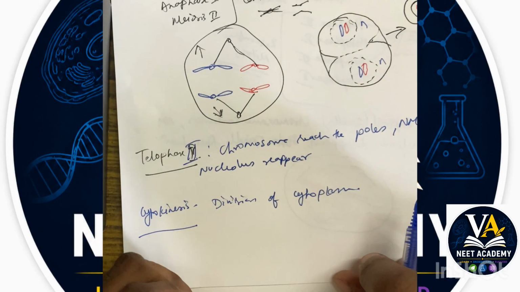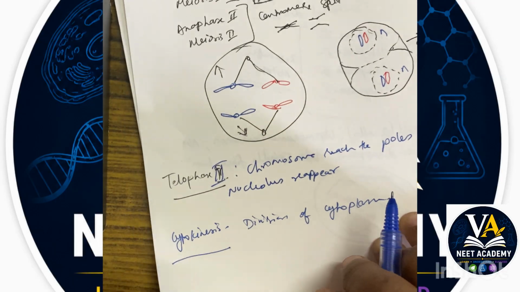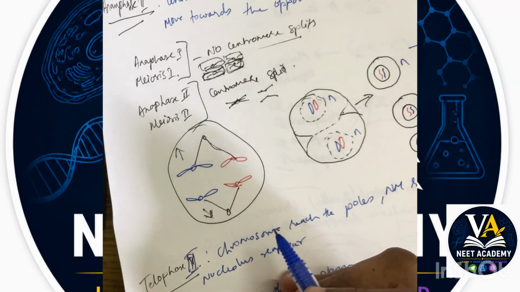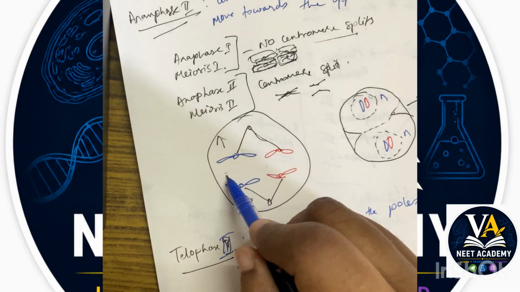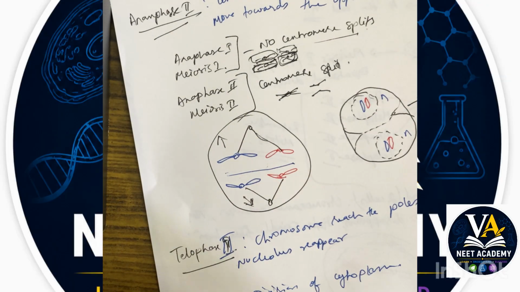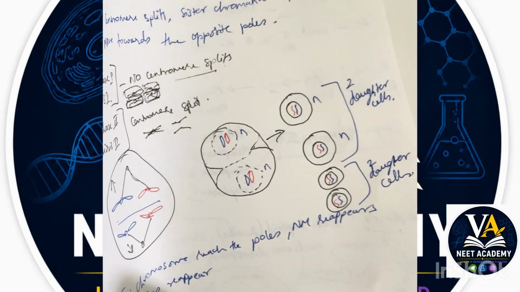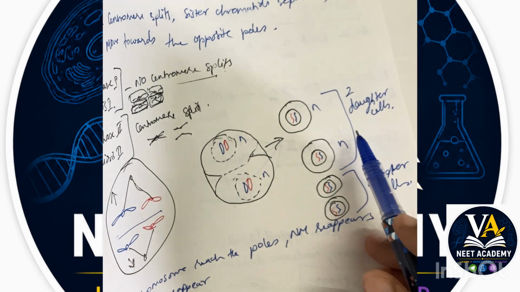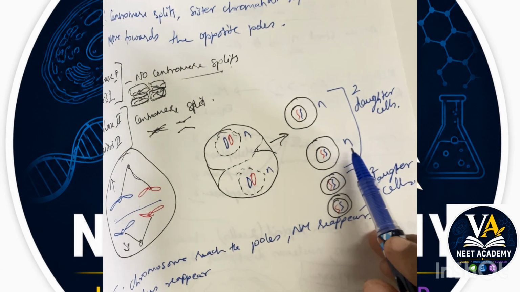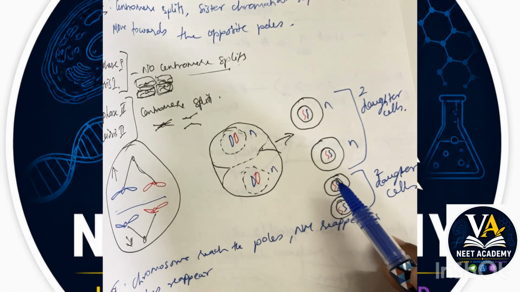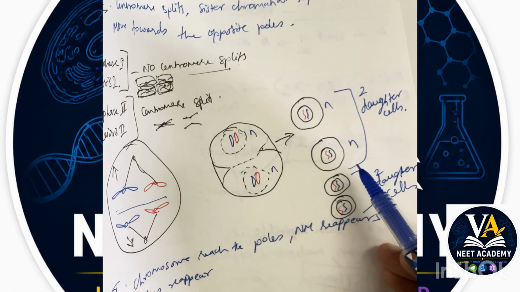What is the significance of meiosis II finally? The sister chromatids get separated, and this completes the gamete formation, giving you the haploid number of chromosomes and not diploid.